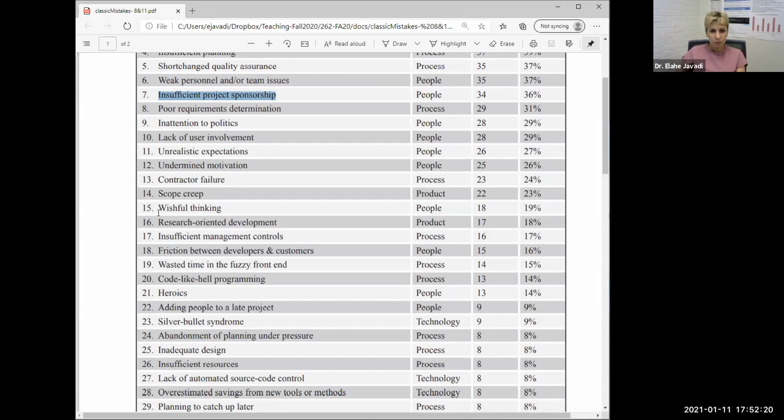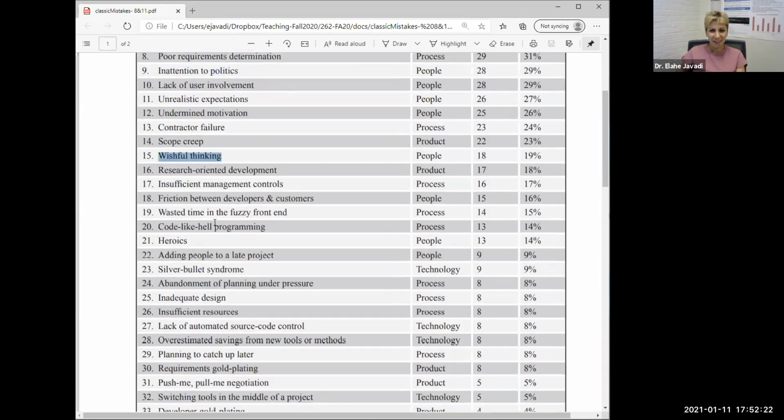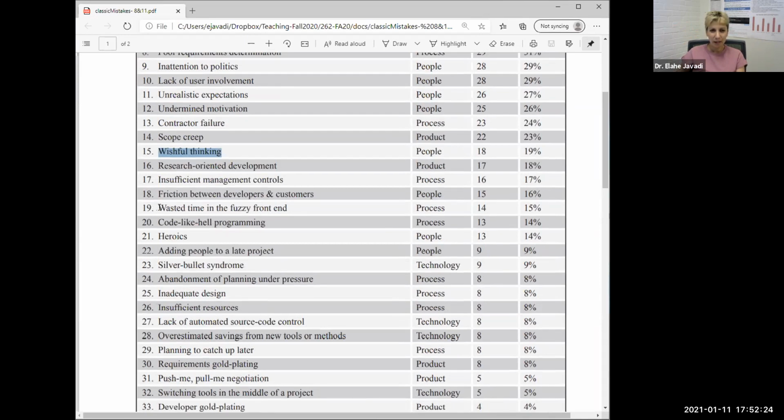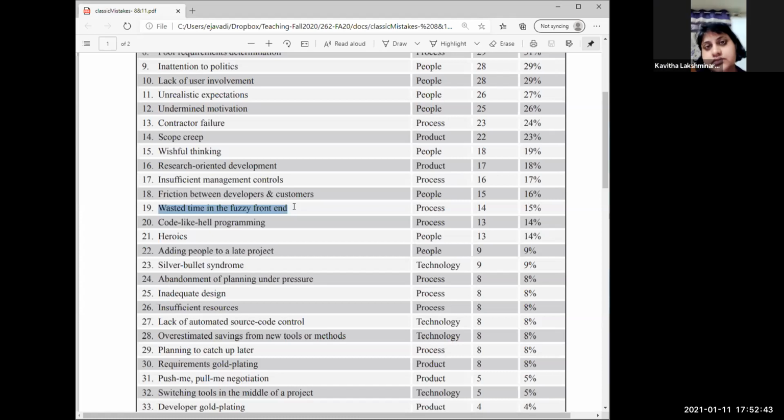So visual thinking, you would think, is on the list. Fuzzy front end. Sometimes you spend too much time creating a perfect plan and you don't get into the deep water soon enough. Fuzzy front end is when you define and plan and try to perfect your plan without testing some of the things you're putting in it.